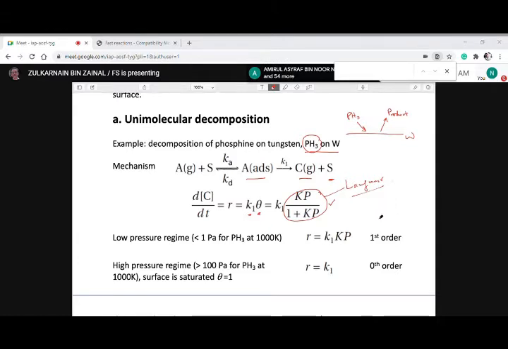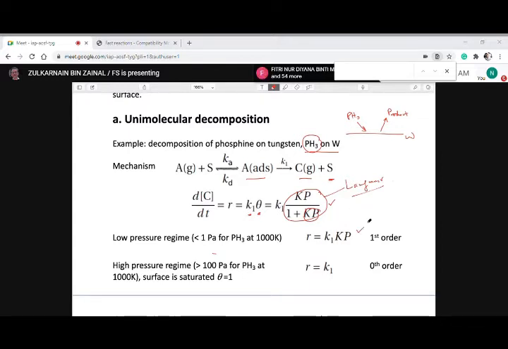Okay, so low pressure regime, less than 1 Pa for spin at 1000 K, then R is equal to K1 Kp. At low pressure, this part is very low, so 1 plus Kp is only 1, and then R is just proportional to Kp.